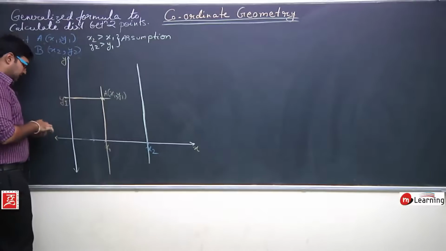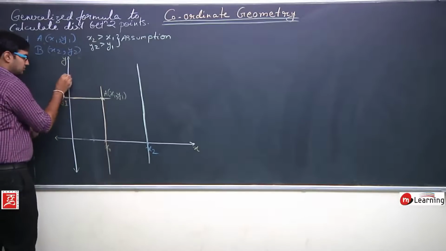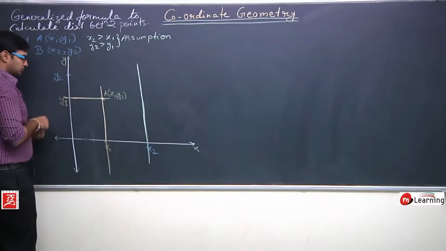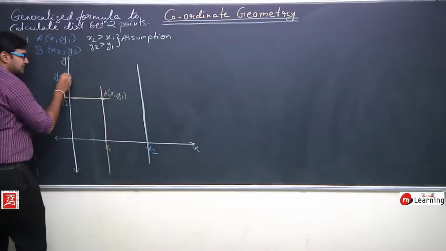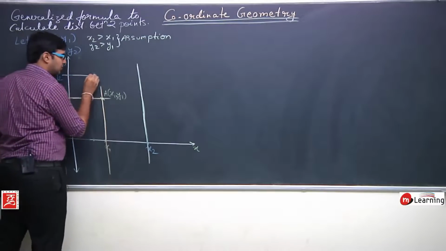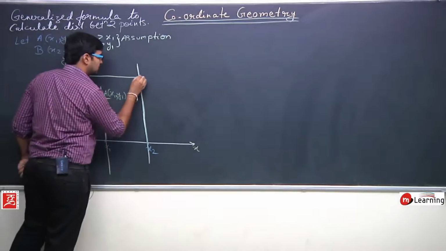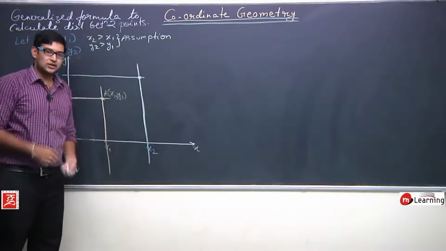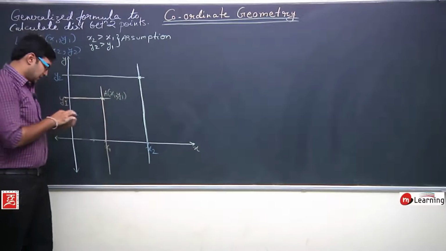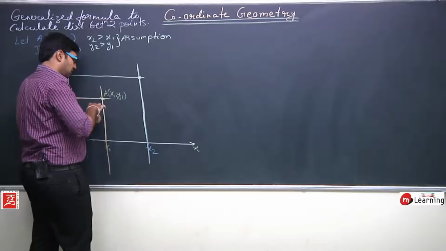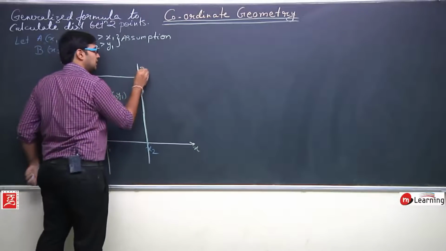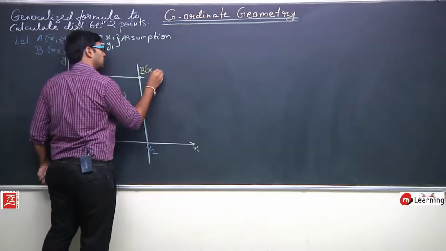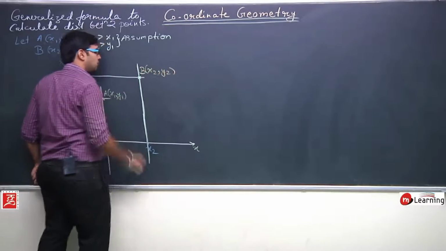Let us say y equals y2 lies here. This will be the perpendicular at y2 and it will intersect the x2 perpendicular at this point, and this will be the location for point B, x2 comma y2.